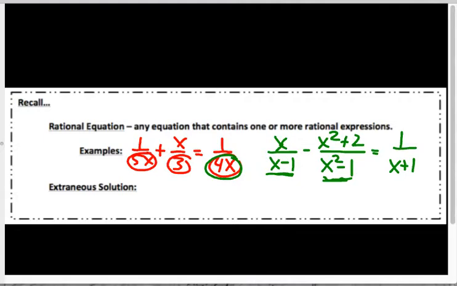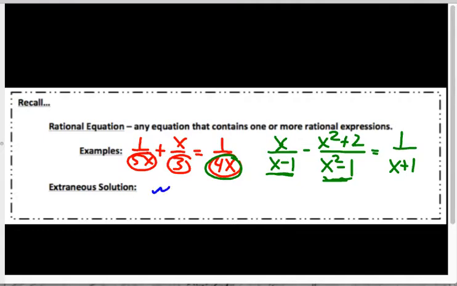Today we're going to talk about extraneous solutions. That's when you solve your rational equation, and you might get one or two answers, and one of the answers or both of the answers don't work. Those are called extraneous solutions.